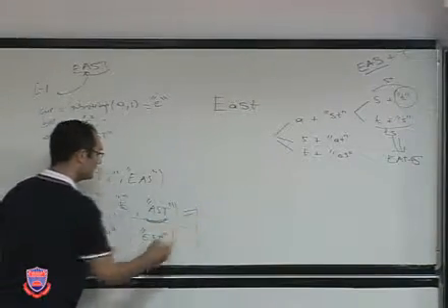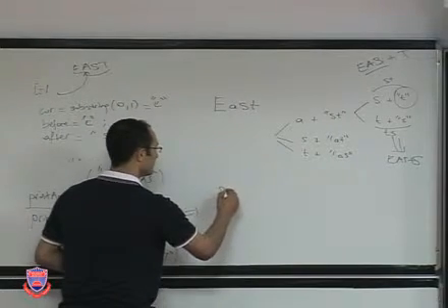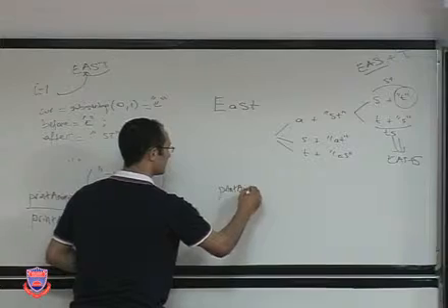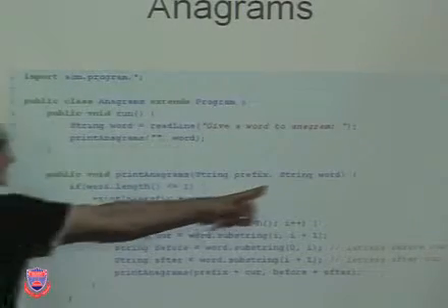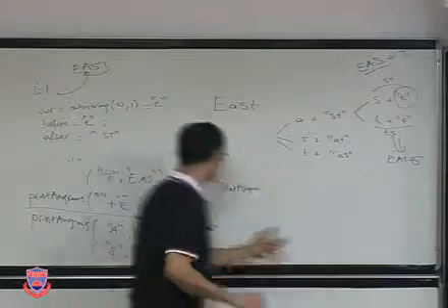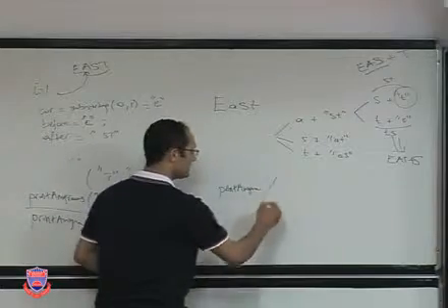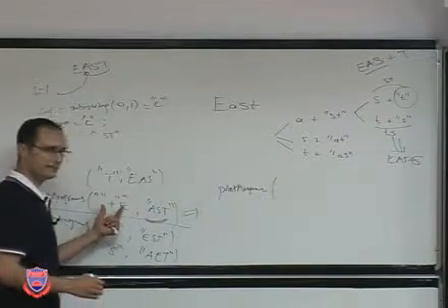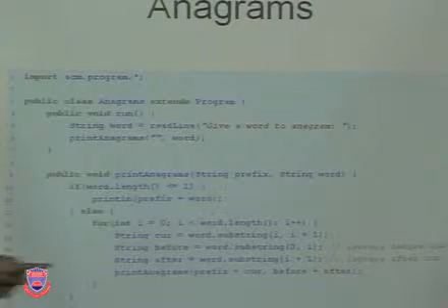However, the next time you call this one, the prefix is going to be E, and it will call print anagrams. How many times? It checks word.length, which is the second argument. So it's going to check for the second argument, AST, which is going to have the prefix E added to the current string.